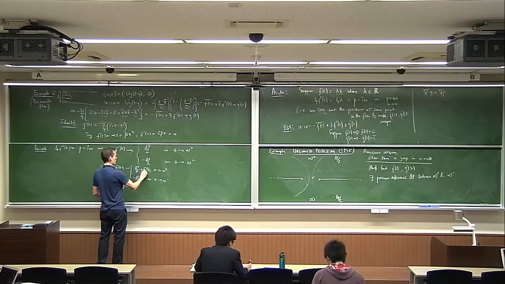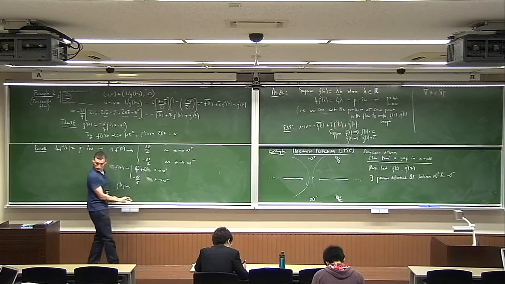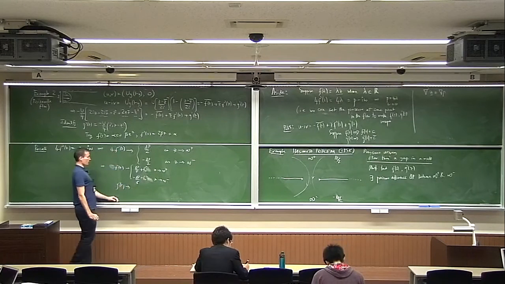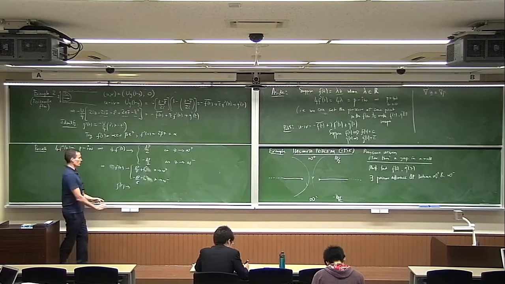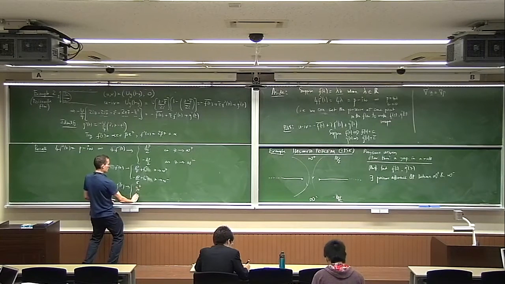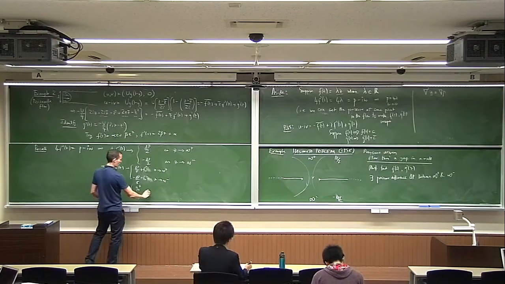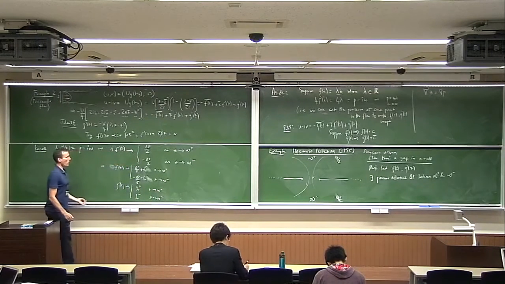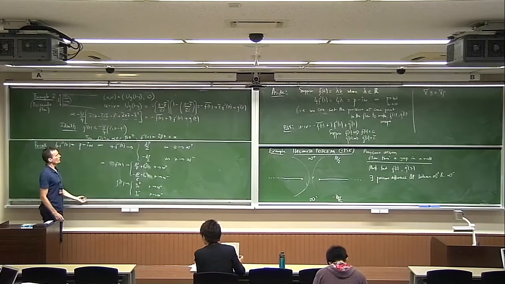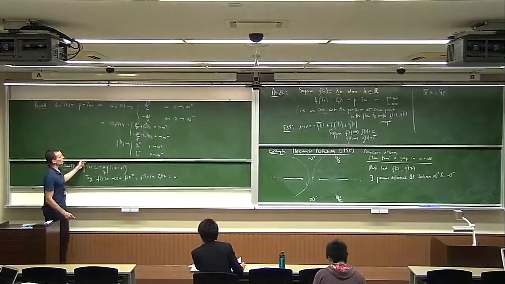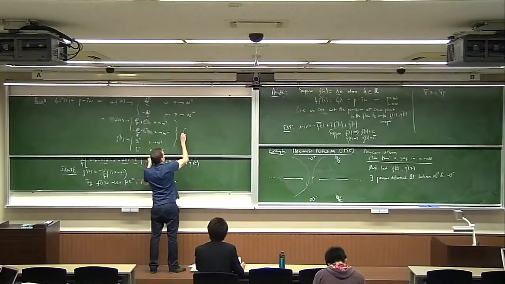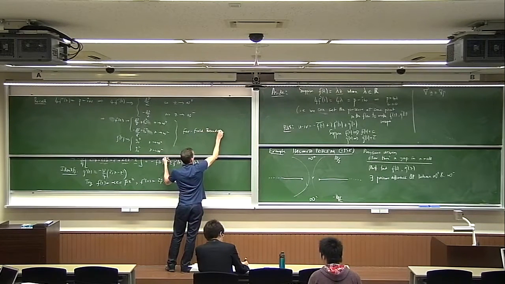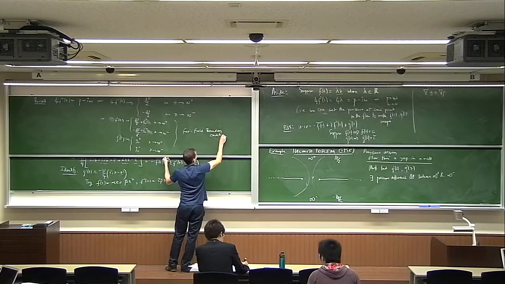Let's add some constants here: we'll call them F naught plus and F naught minus. So these are what we call the far field conditions. It's what's forcing the flow.